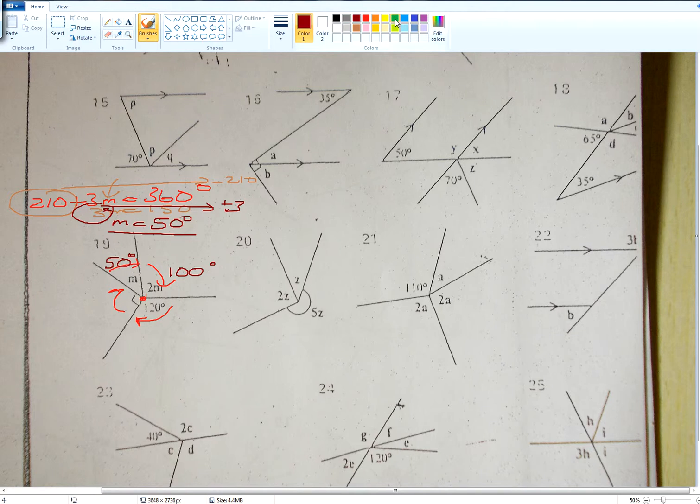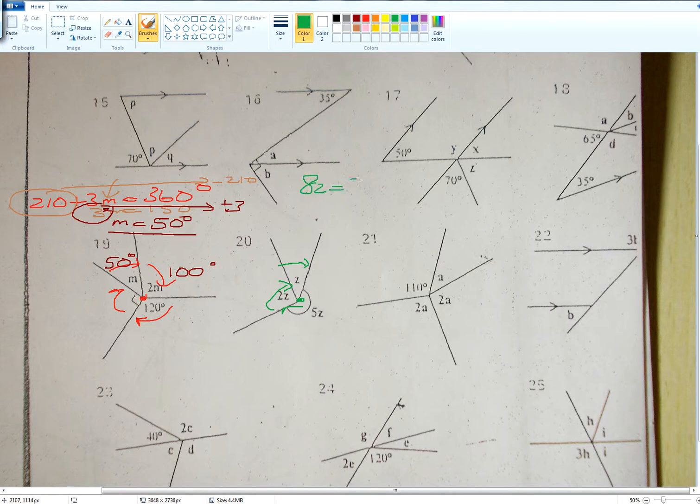Okay, the next question. Let's have Halima. Halima, we have Z, and we have 5Z, and we have 2Z. These angles are around A, and they must all add up to 360. 5Z and 2Z is 7Z, and another Z is equal to 8Z.